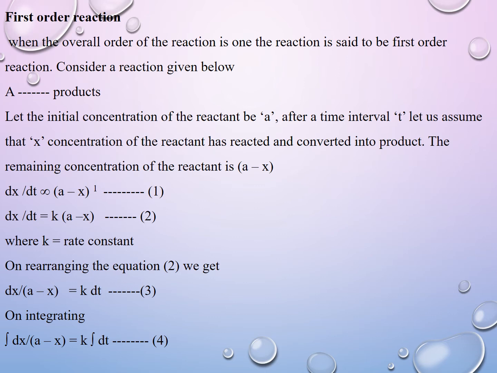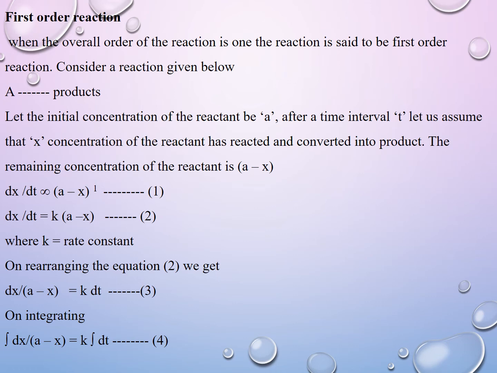The remaining concentration of the reactant will be a minus x. That is, a is the initial concentration and x is the amount which has been converted into product. So the remaining concentration will be a minus x. Now we all know that the rate of the reaction, that is dx by dt, is directly proportional to (a minus x) to the power 1.